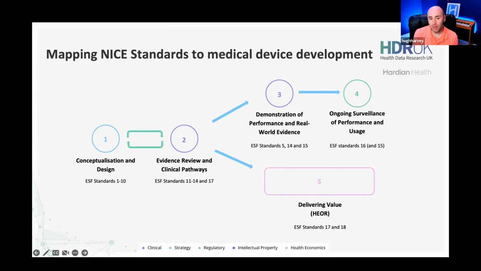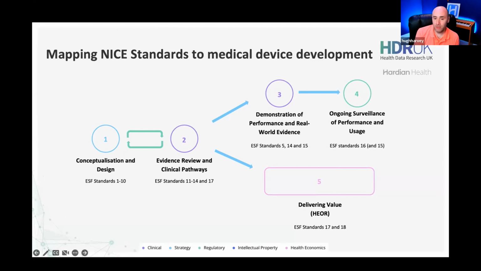There's then a second part, which kind of loops back into conceptualization and design, which is your clinical evidence review and the clinical pathways in which you fit. So you have to define the pathway and actually write down what the pathway is with and without your device, and all the evidence that you have planned and looked at in your literature review and your feasibility.